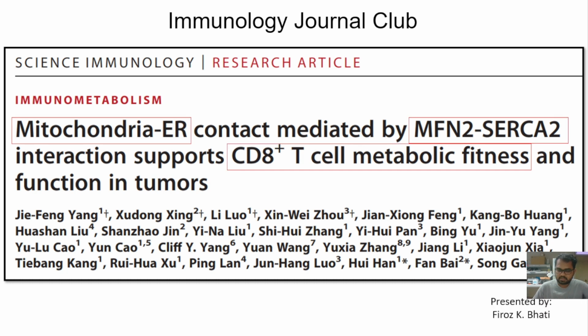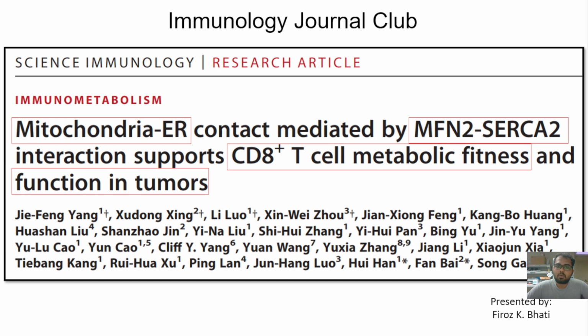If we see this title, we can see some terms like mitochondria and ER contact. Two molecules especially investigated in this paper are MFN2 and SERCA2 and their interaction. This paper also talks about CD8 T cell metabolic fitness.